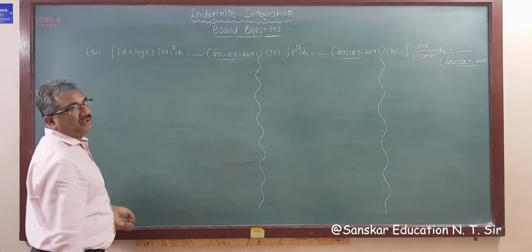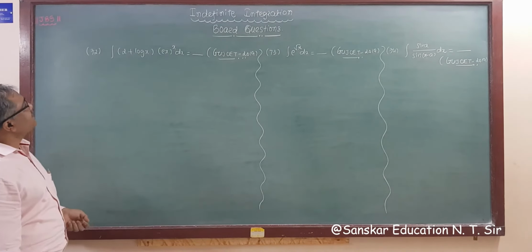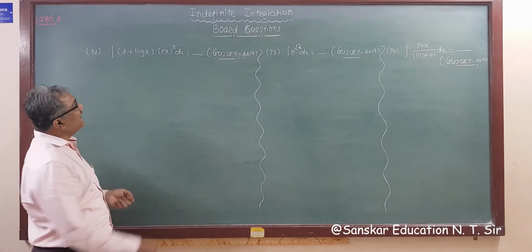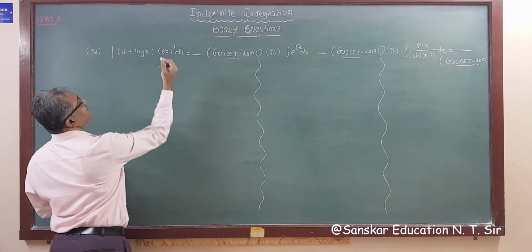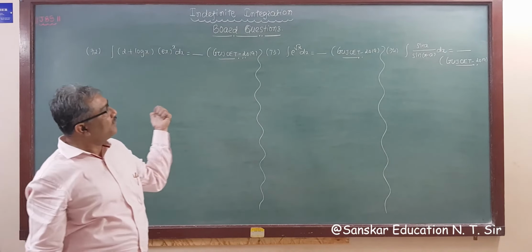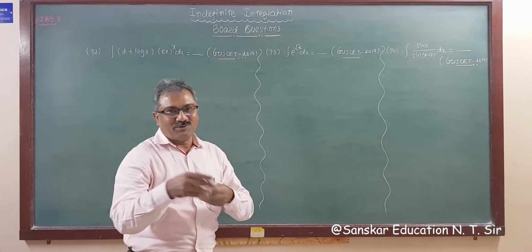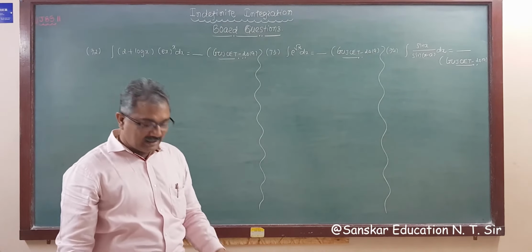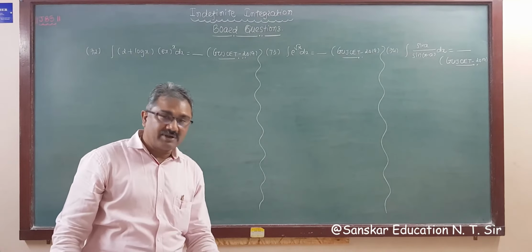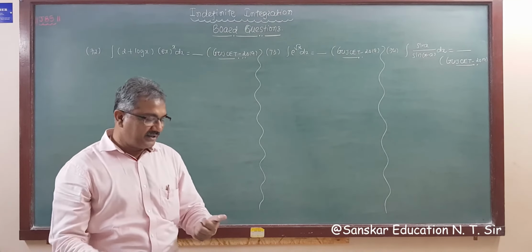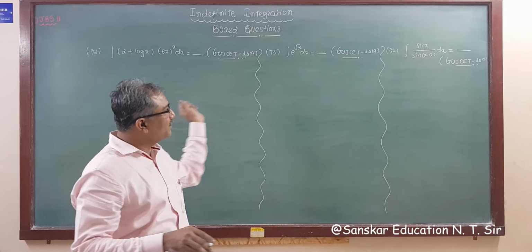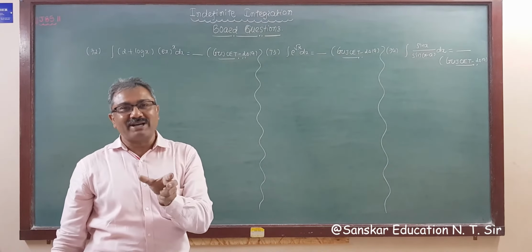Okay, question number 72, integration of 2 plus log x times e raised to x, x raised to x dx, a question from 2019 Busquet. So these are the last questions now for 2020. After solving all these questions, you have another PDF, right? All these questions are from the third semester old textbook.